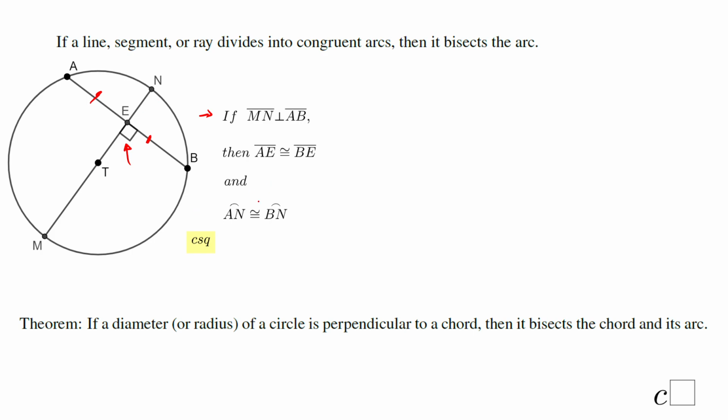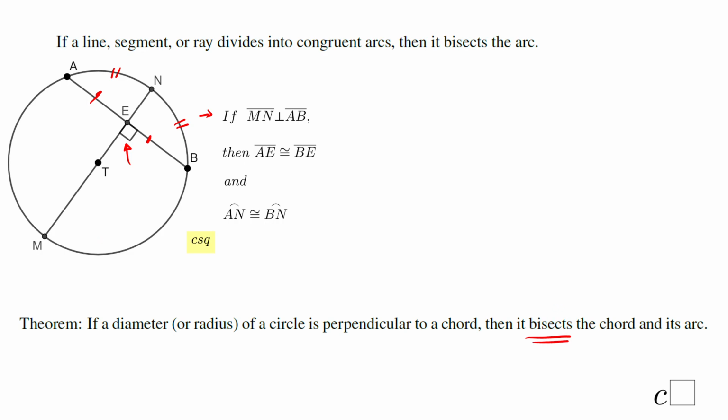Also, if this diameter is perpendicular to the chord, the arcs, AN in this case, and arc NB are congruent also. Okay, so this is the theorem. If a diameter or radius, it works for a radius also, of a circle is perpendicular to a chord, then it bisects the chord and its arc.